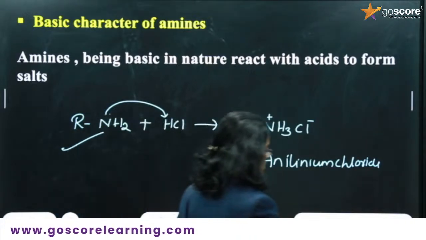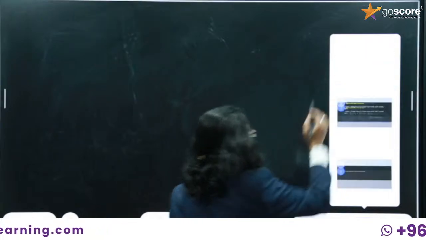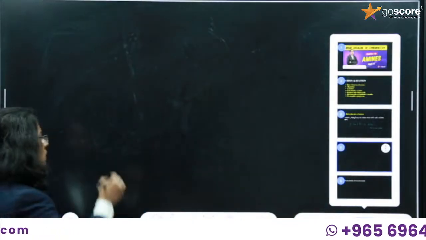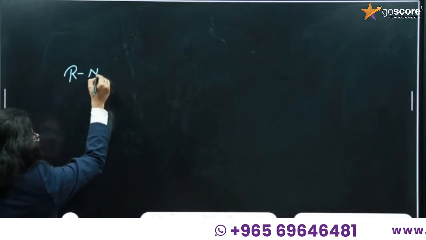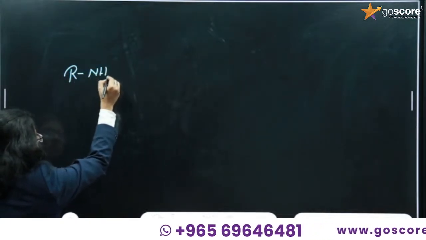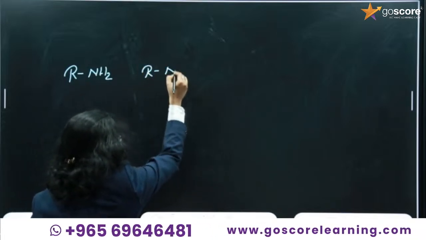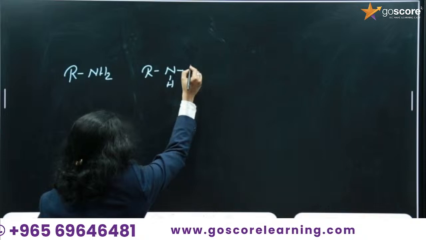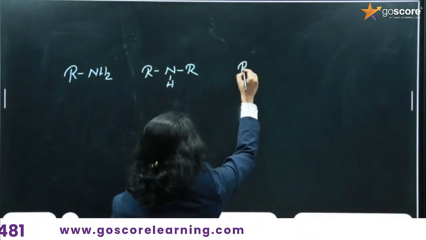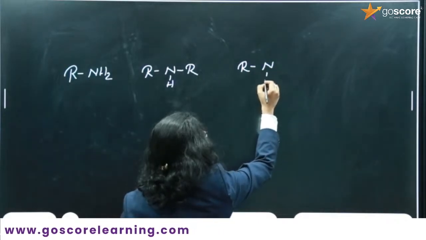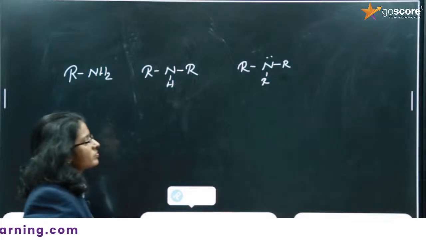See, what is a primary amine, secondary amine, tertiary amine? What is the general formula? RNH2 is primary amine, R2NH is secondary amine, R3N is the tertiary amine.